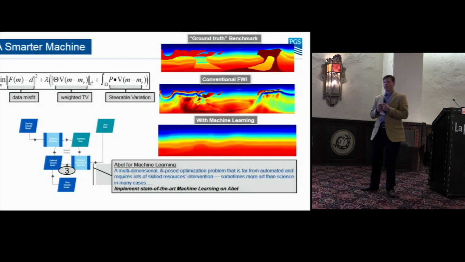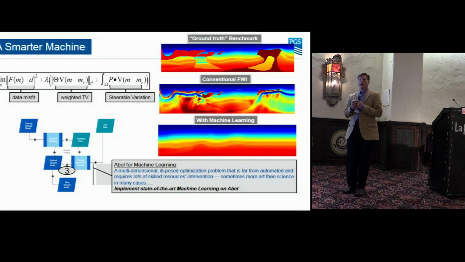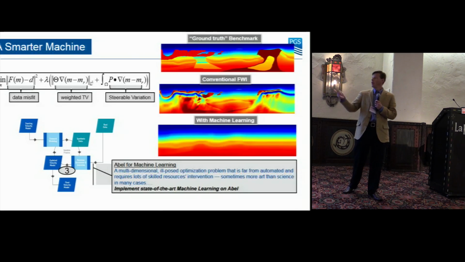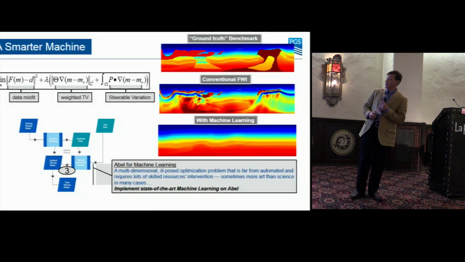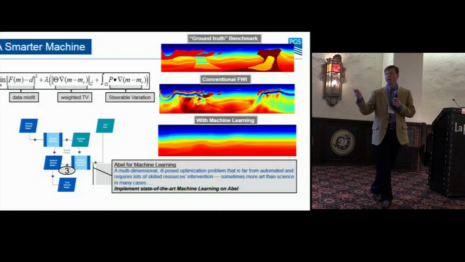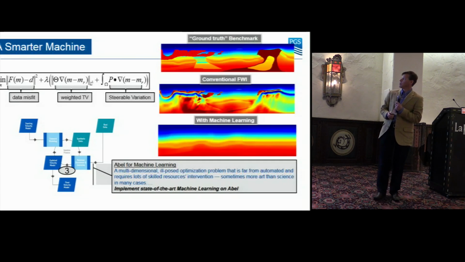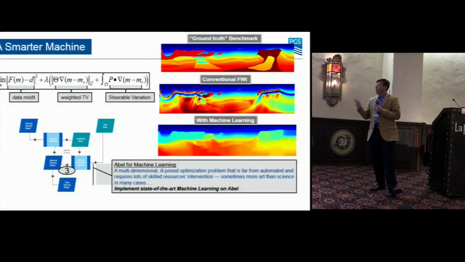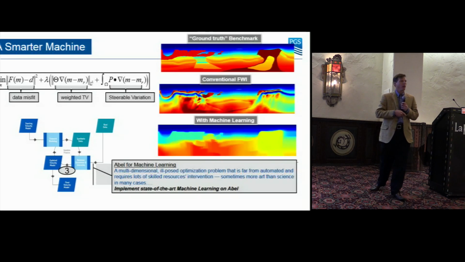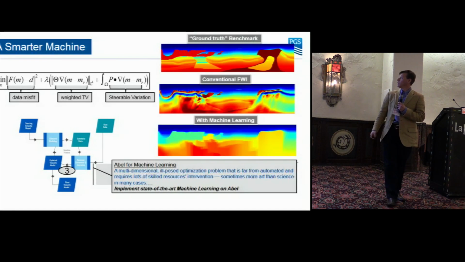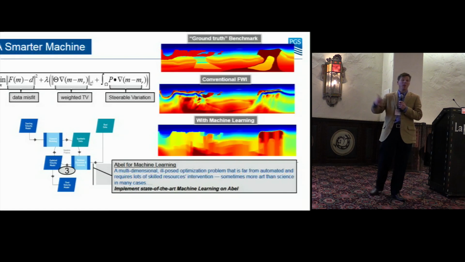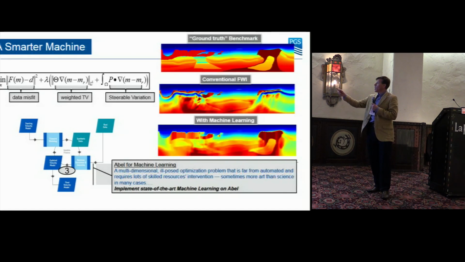PGS decided to go to Rice University and ask for some help in creating a machine learning variant that looked at how to address that next steerable variation quadrant. And taking that and running it back as part of their workflow, they're able to do what you see on the bottom. Again, many iterations, some of them not so great perhaps.